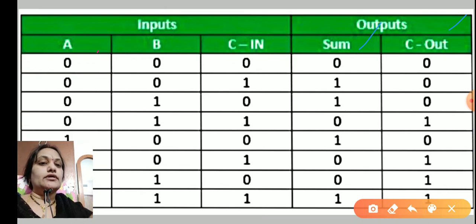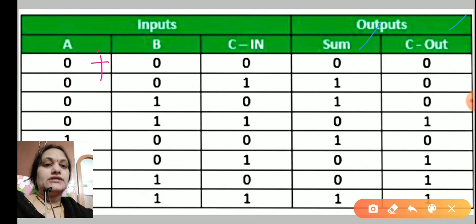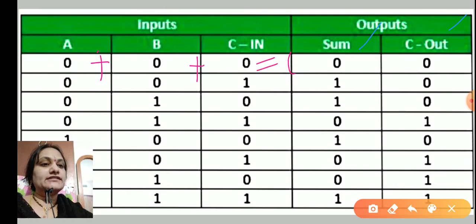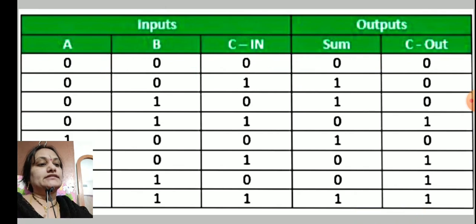Now you have to add these three bits. 0 plus 0 gives 0, again 0 plus 0 gives 0. That means the total result is a single bit, 0. There is no carry. That is why for the carry we have written 0, and for the sum 0, because we got 0 here. Next.